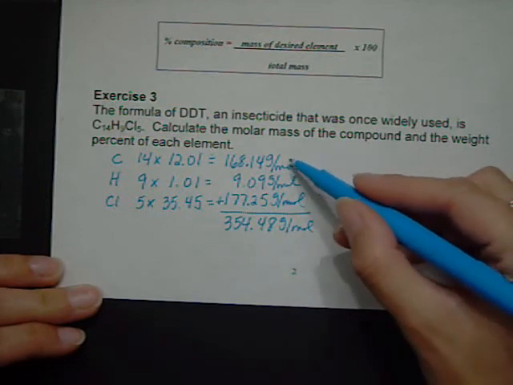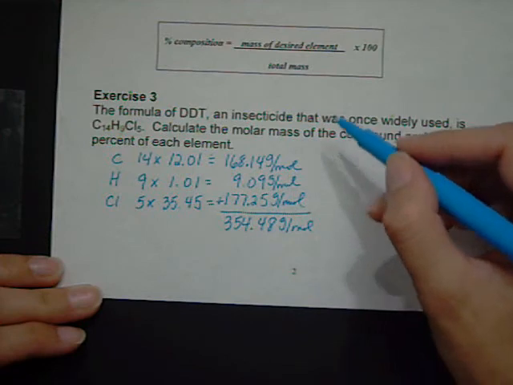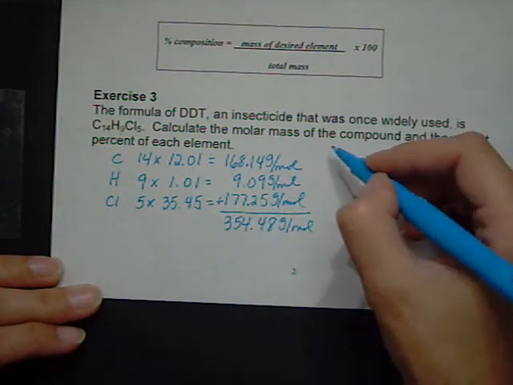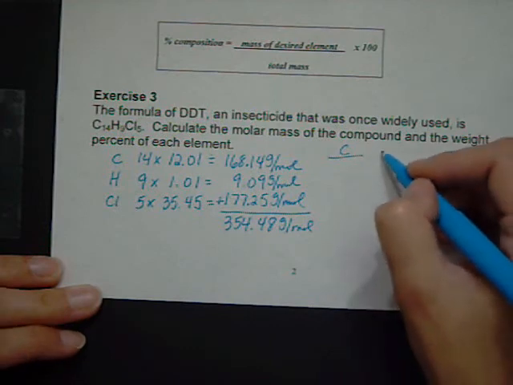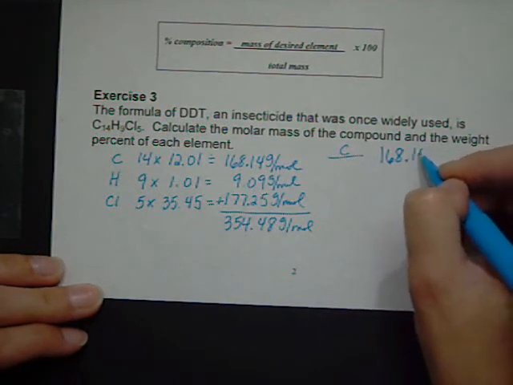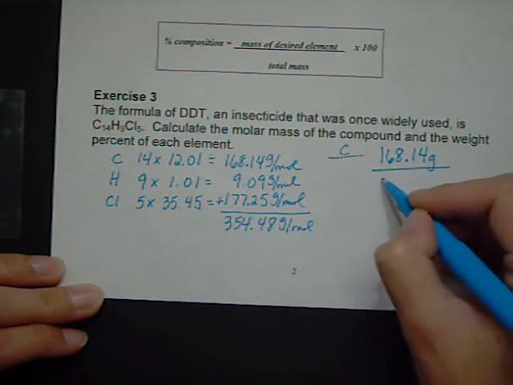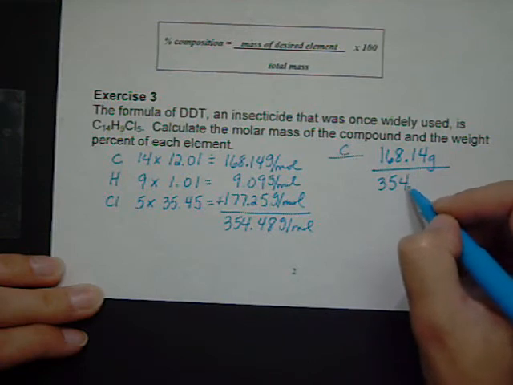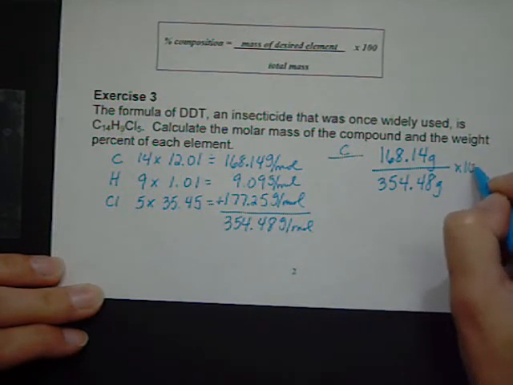The good news is by doing this molar mass work and showing it, I've already got my mass of the desired elements available. So for the carbon, I have 14 carbons that weigh 168.14 grams over a total mass of 354.48 grams times 100.